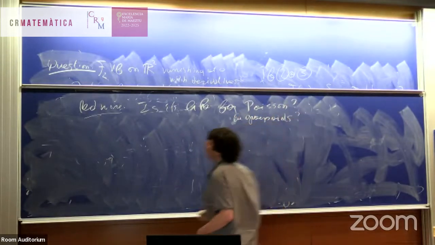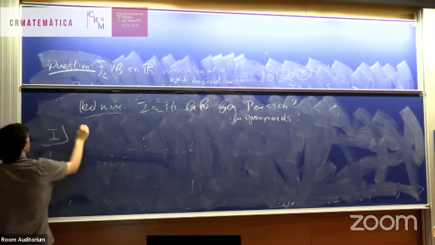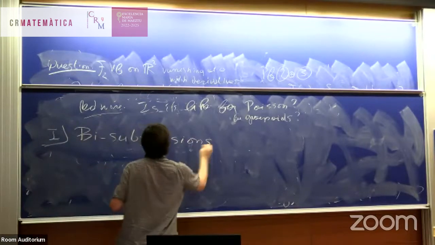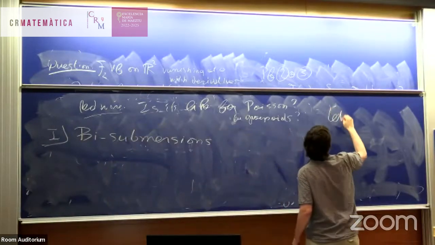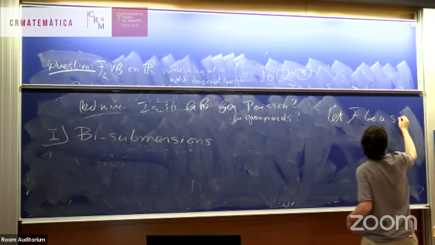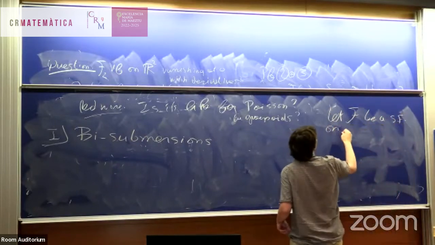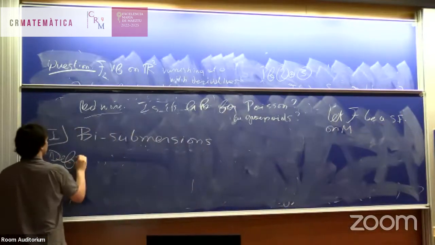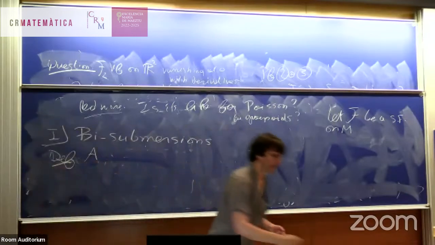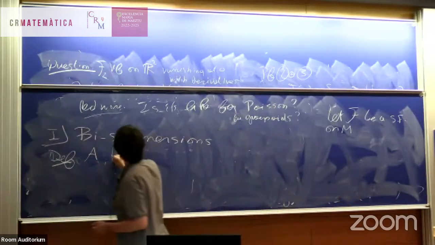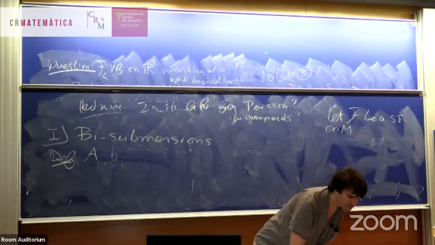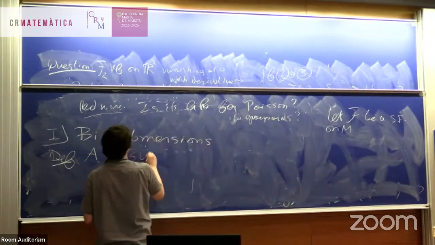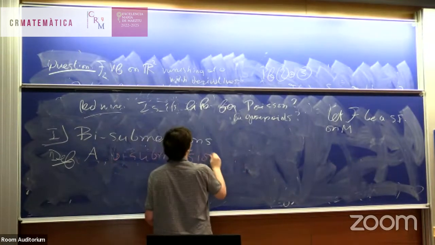So first, I'm going to introduce bisubmersions. From now on, F is a smooth singular foliation on M. So, definition: a bisubmersion. Bisubmersions don't make sense alone.